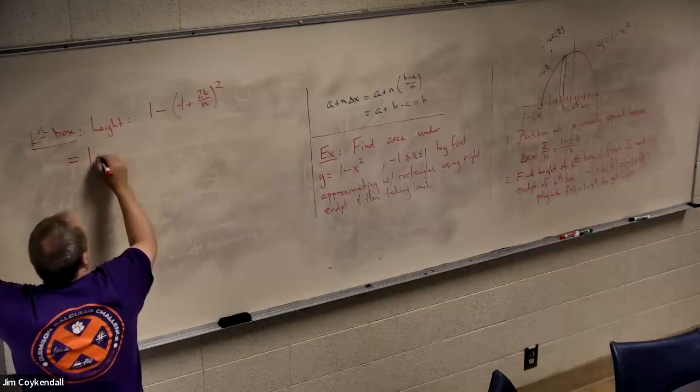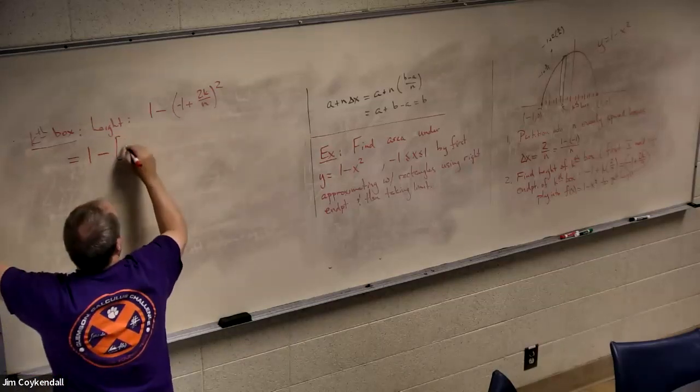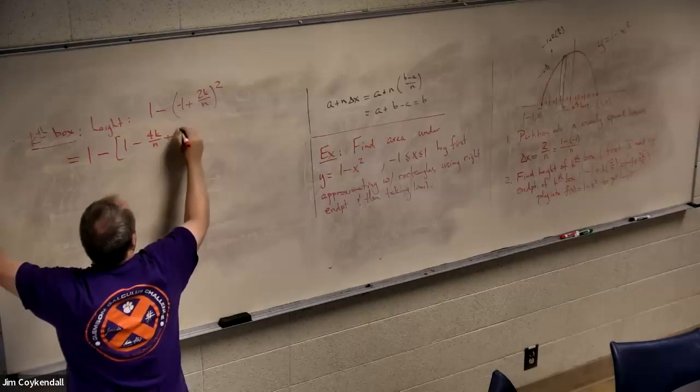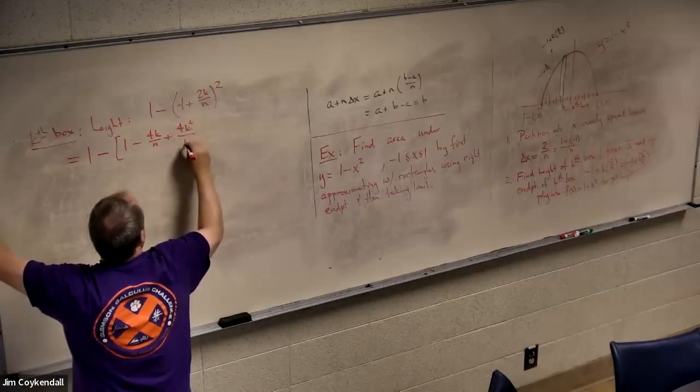When I square this thing, this is 1 minus 1 minus 4k over n plus 4k squared over n squared.